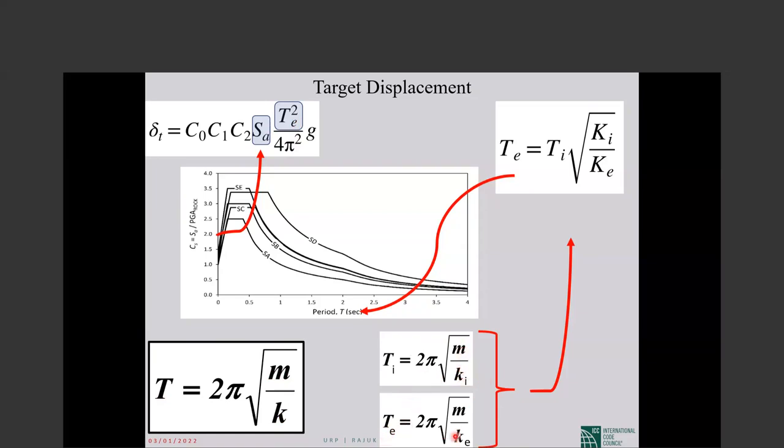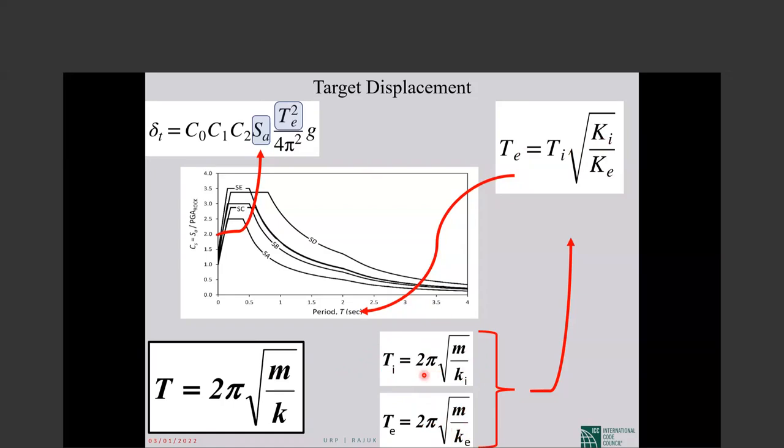We have the initial period because we have the mass and stiffness of the building. This is known. You tell what is your definition of equivalent mass and equivalent stiffness. You define this, then we divide these two together and reach this.